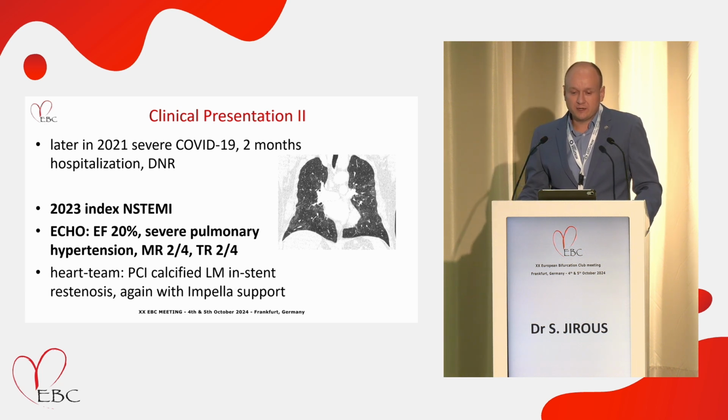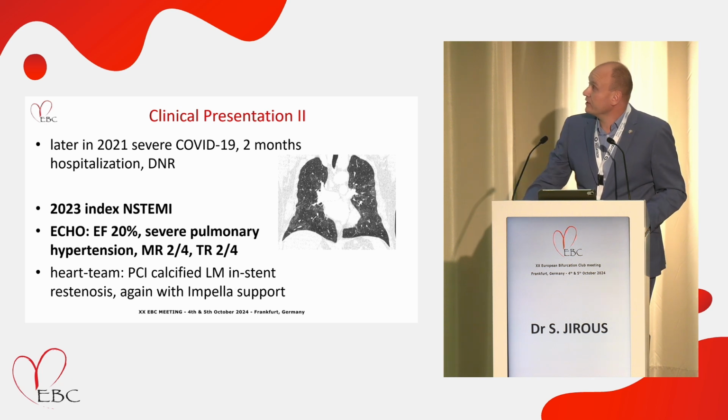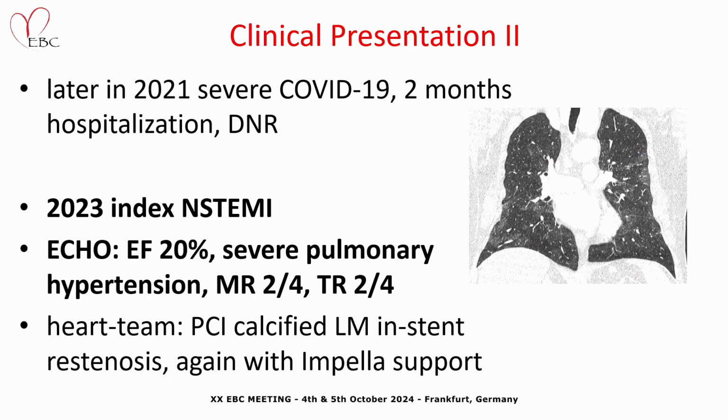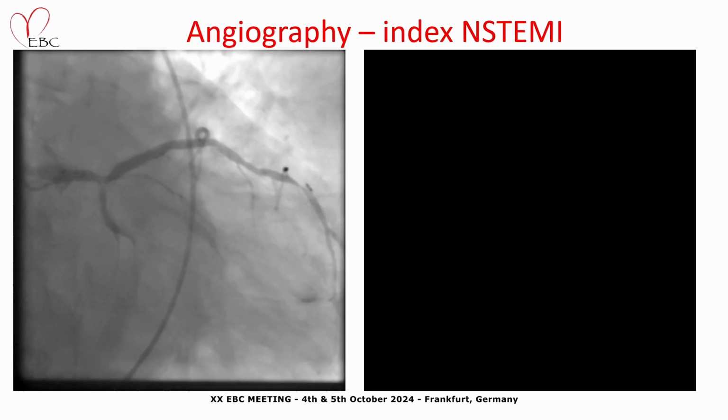Two years later, in 2023, he got another myocardial infarction without ST elevation. The echo showed even worse systolic dysfunction with ejection fraction reduced to 20, severe pulmonary hypertension, and some mild mitral and tricuspid regurgitation. Here are the pictures.